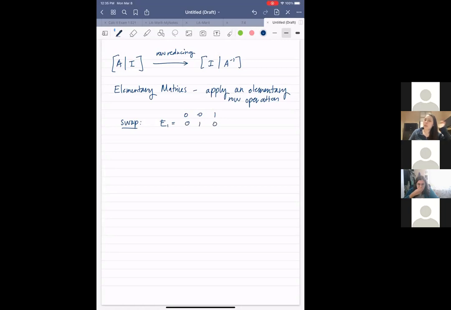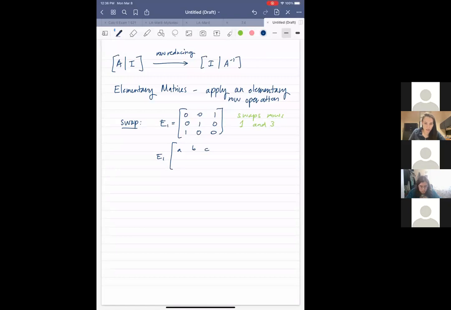Since the second row is not changing, it stays the same. And the last row is going to be 1, 0, 0. What this does is it swaps rows 1 and 3. We can check by multiplying E1 by an arbitrary 3 by 3 matrix.